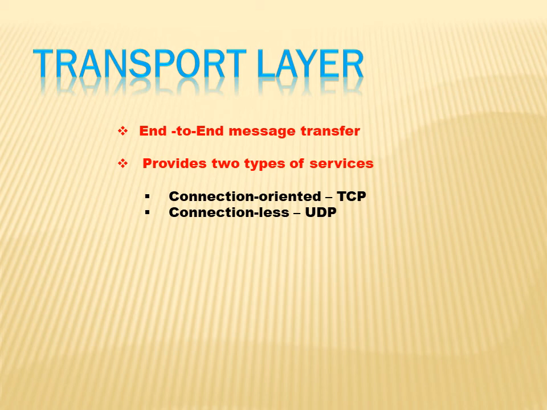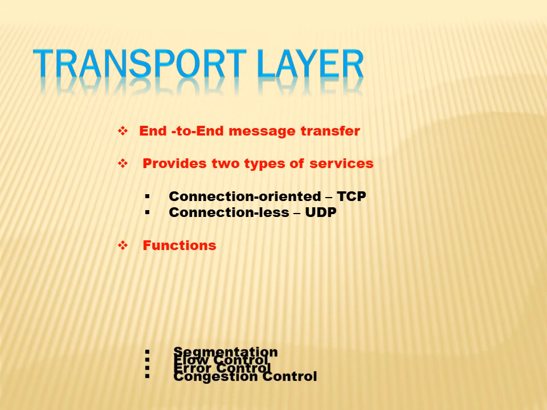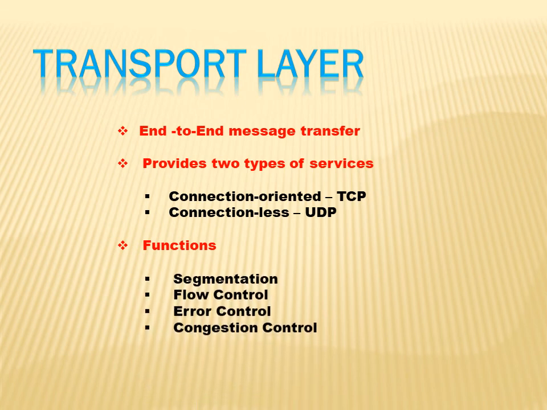Then the important functions of this layer: first one is segmentation. It divides the information into more than one segment in the host machine, the source machine, and groups the information back from the segments on the destination side.